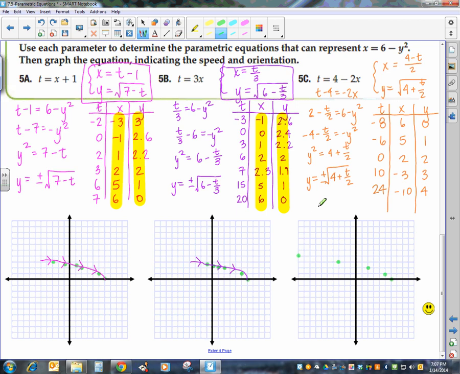So interestingly, if I go connect these dots and draw them, you'll see again, each of these is basically the same graph. But what is different, especially about this one versus the first two that we did, is the first point increasing. This is my starting point. So I'm starting here, and now my orientation is different, as you saw as we plotted those points.